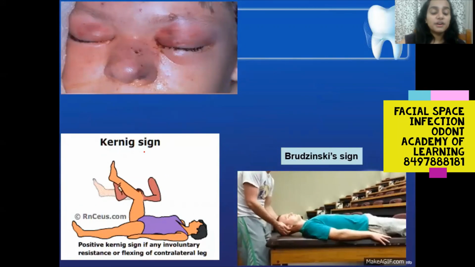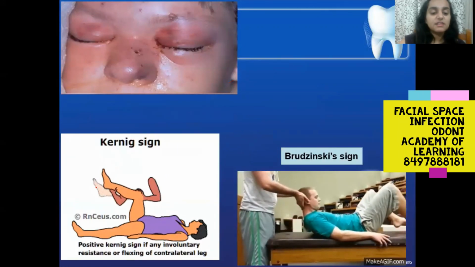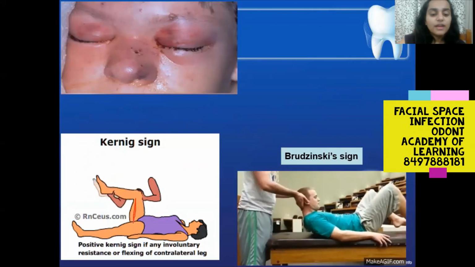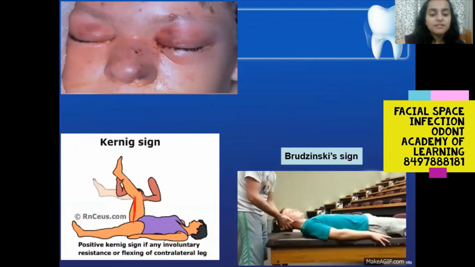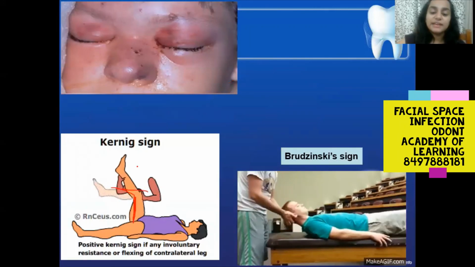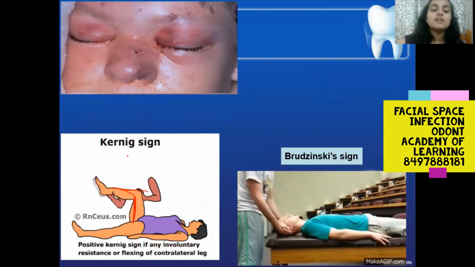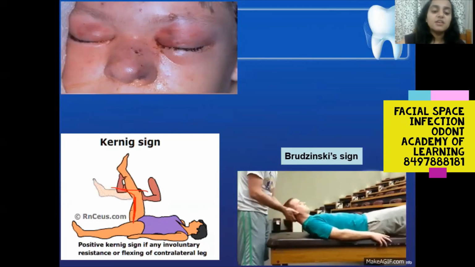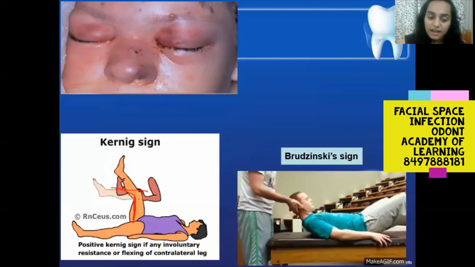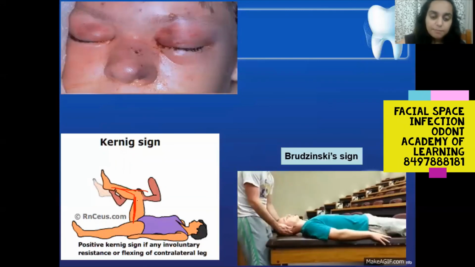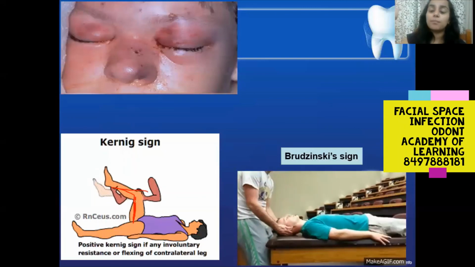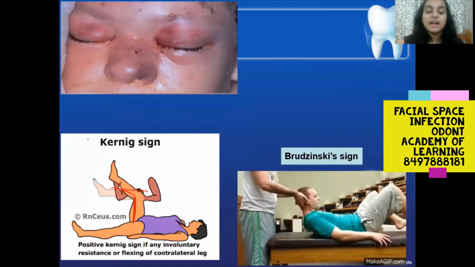In positive Kernig sign, when we flex our hip joint, we will not be able to move our legs completely. On flexing the thigh, we will not be able to extend the leg properly, completely at a 90-degree angle.